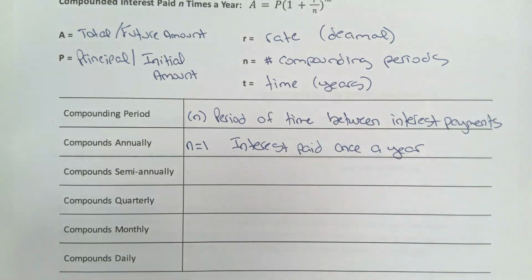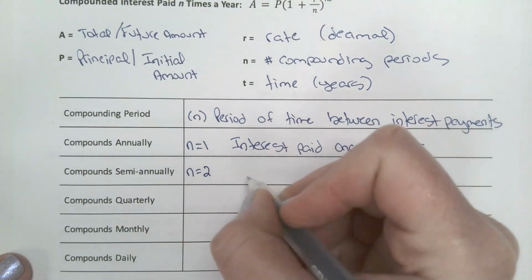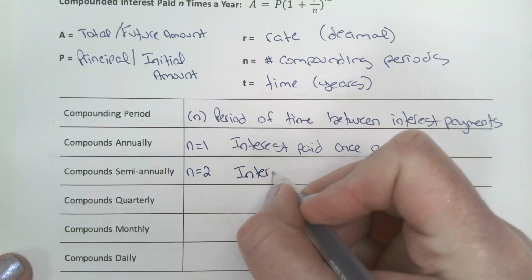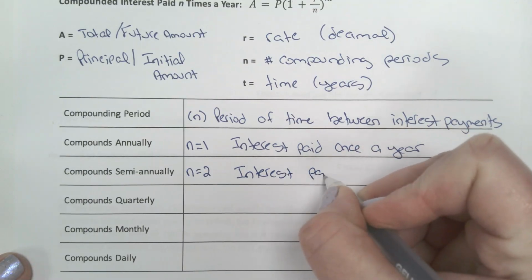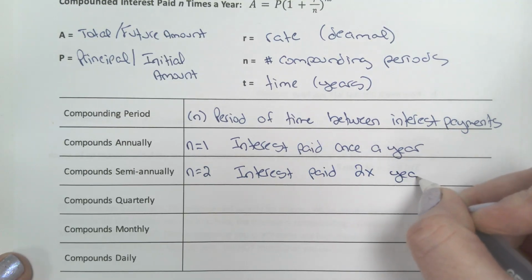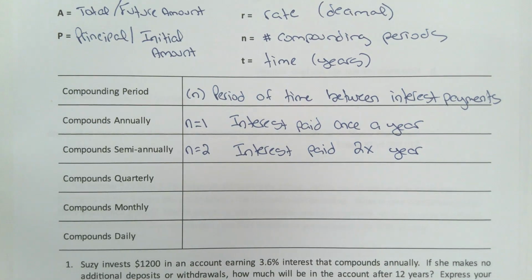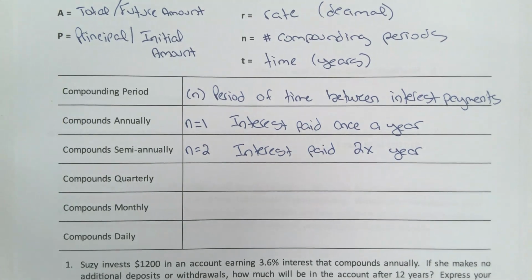If we have the semi-annual sale, how often do we have the sale? Twice a year. So N is 2. So interest is paid twice a year. Maybe a bank would compound it quarterly. How many quarters are in a year?